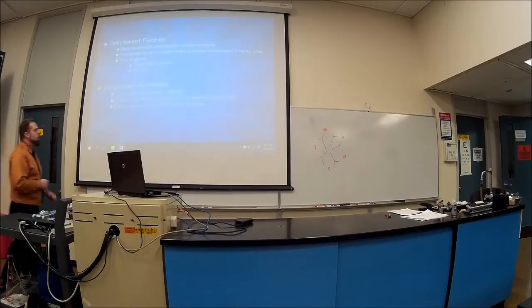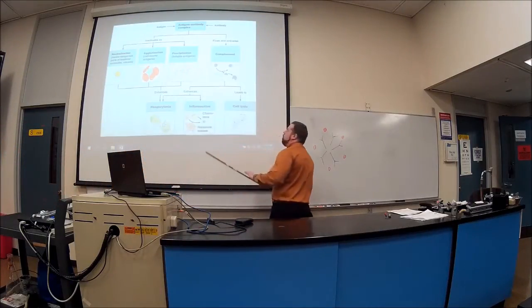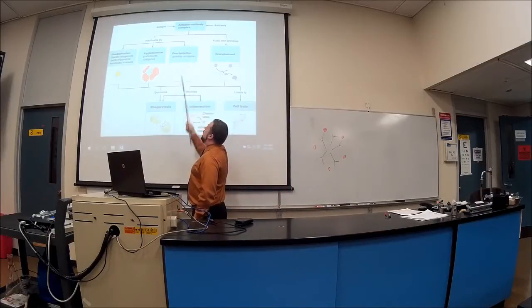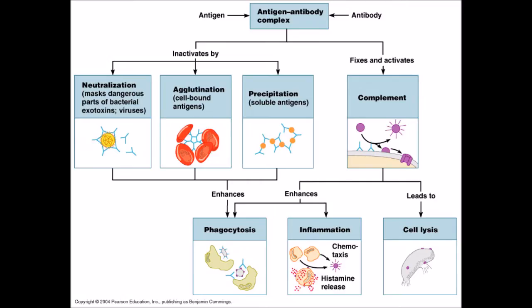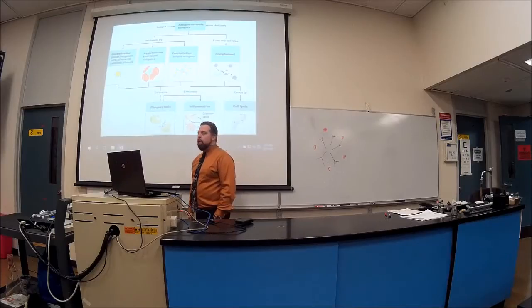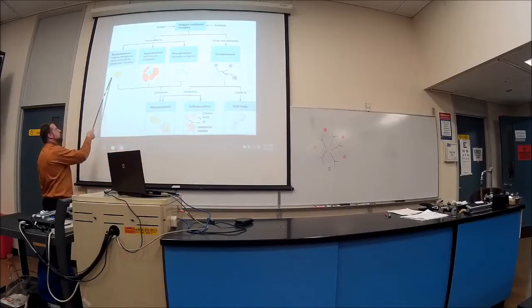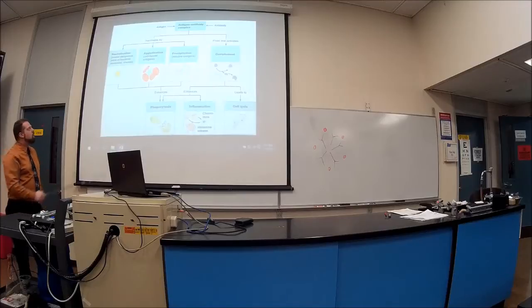So we put this all together. Here's a little picture form showing these different things. You have this antigen that's going to form this antigen-antibody complex. We could either neutralize that particular bacteria by putting that little mitten on the baby's hand so it doesn't scratch itself.